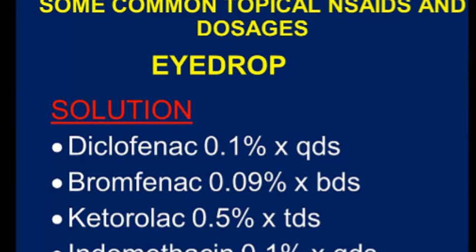So depending on the drug you are using, the dosage can also depend on the severity. Most times I commonly prescribe NSAIDs twice daily, no matter the eye drop I use, in cases of mild inflammation. But in severe inflammations, I go higher to 3 times daily, depending on the eye drop I'm using though, and the percentage.